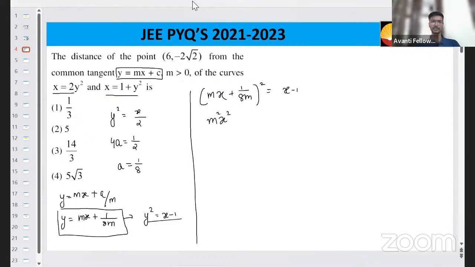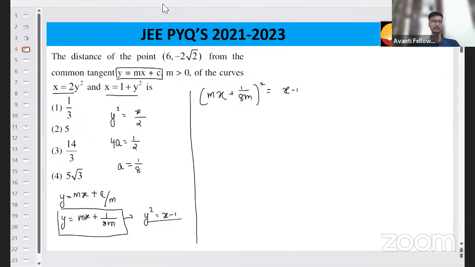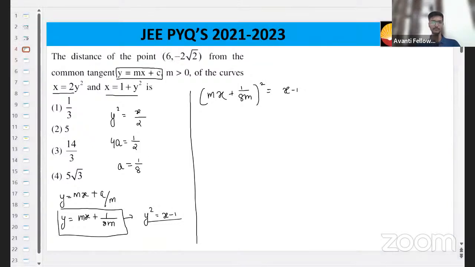Yeah, it's better if we take the LCM first. What will be the LCM, guys? (8m square x plus 1) whole square is equal to 64m square into (x minus 1).